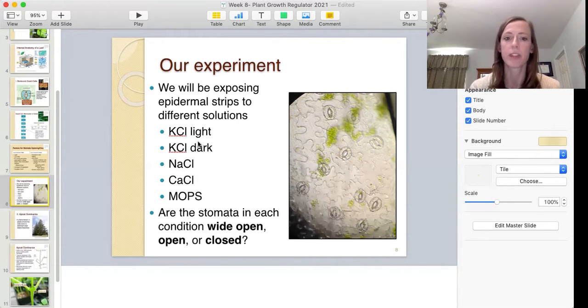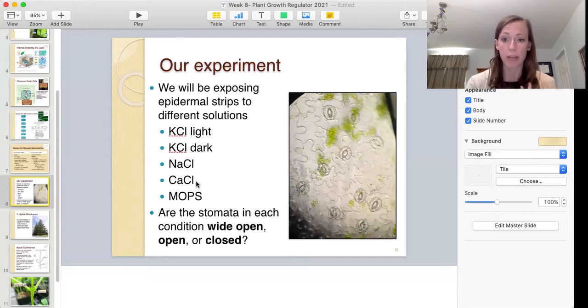For instance, if we see different results in the potassium versus, say, the calcium chloride solution, what action is chloride really taking on here? Is it having an effect on its own, or does it seem to be a passive agent here? So I'd like you to keep that in mind as we do our experiment.